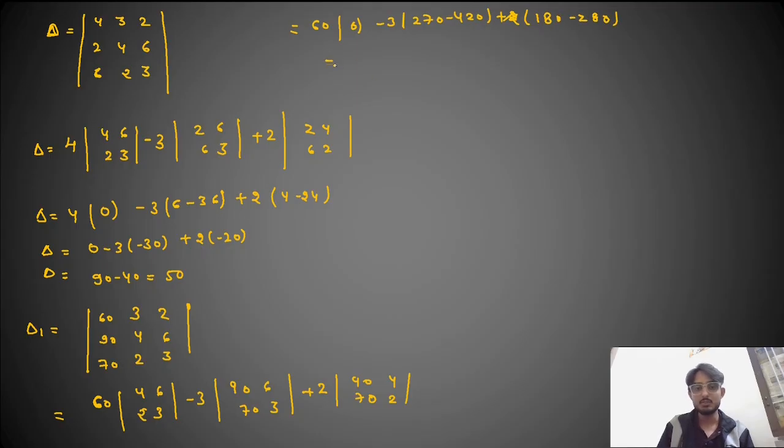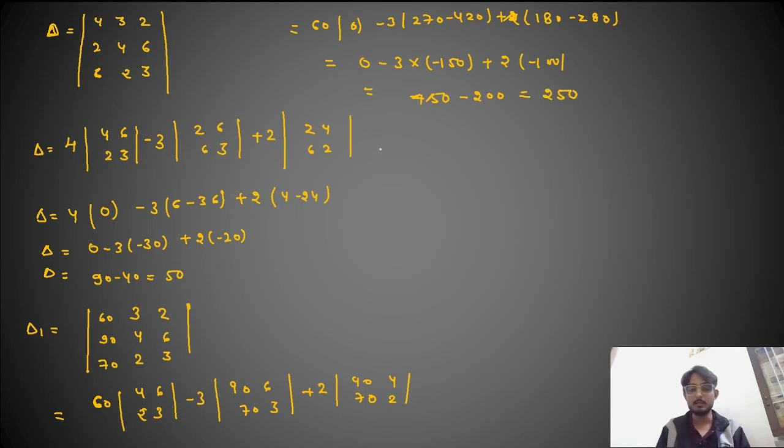So we'll get 0 minus 3 into 30, and here minus 150, plus here this is a 2. When you subtract this, you will get 100 minus 53 is 45. So here you will get 450 minus 200. So the answer will be 250.